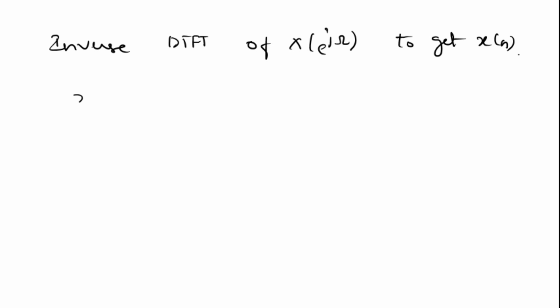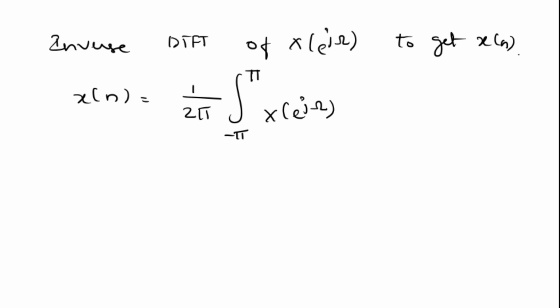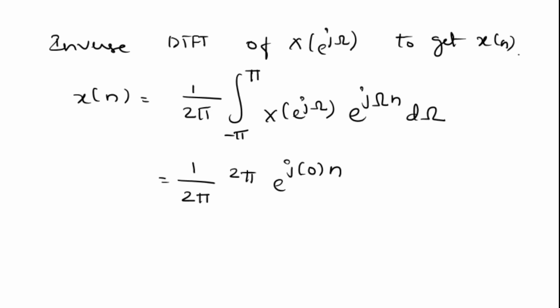Then we have x of n is equal to 1 divided by 2 pi integration minus pi to pi X of e power j omega into e power j omega n into d omega, which is equal to 1 divided by 2 pi and amplitude will be 2 pi into e power j of 0 into n, which is equal to 1.